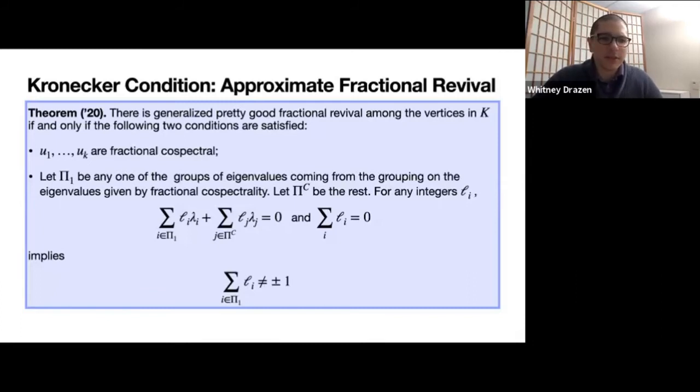And so that's exactly what this theorem says. So we get that there's pretty good fractional revival among the vertices in K if and only if the vertices are fractionally cospectral, and we have this condition on linear combinations of them: if we have a linear combination such that we look at one group of our eigenvalues that need to line up coming from our strong fractional cospectrality, and we look at the rest, and this linear combination sums to 0 with all of the coefficients summing to 0, then this implies that the sum over that first group of eigenvalues is not equal to plus or minus 1.